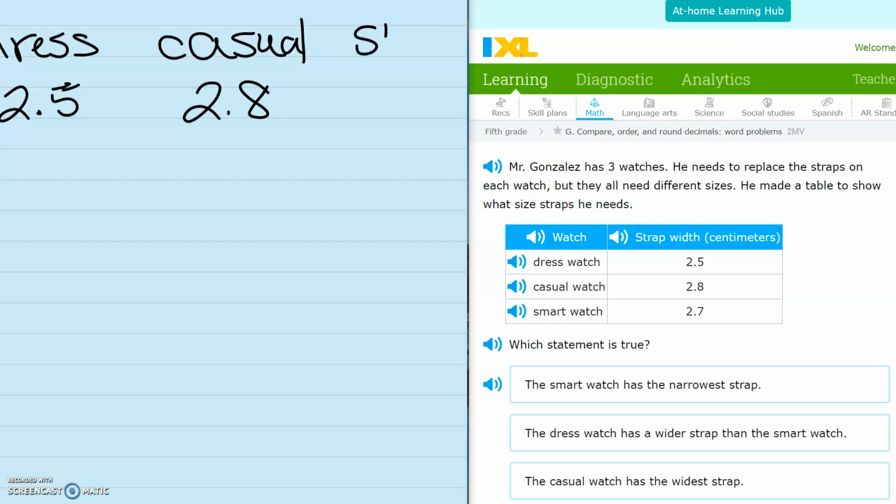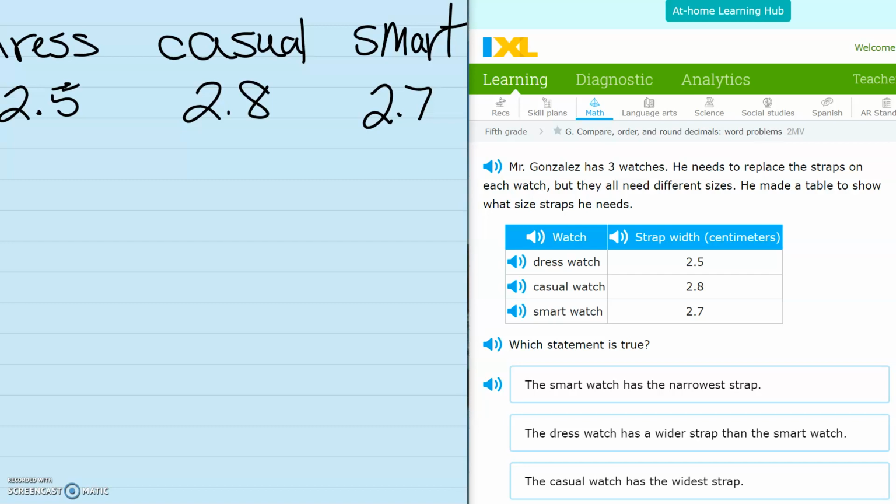And the smartwatch has one that is 2 7/10. Yet again, we're going to start at the left-hand side, which is the ones place value in these numbers. They're all 2s. Since they're all 2s, they're all equal, so we can't use the ones to decide which one is the narrowest and which one's the widest. So we move on to the place to the right of that place value, which would be our tenths.